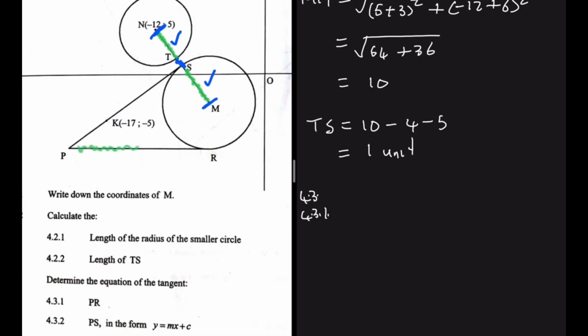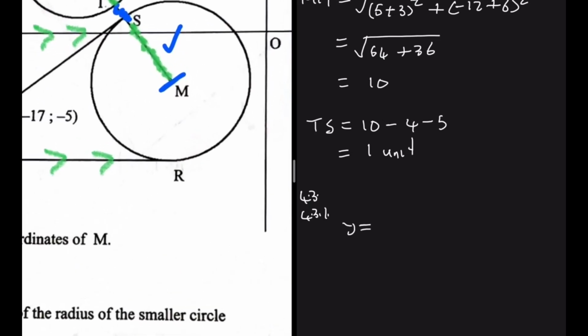Yeah, we are told in our question statement that PR is parallel to the x-axis. So our gradient is 0 on PR, right? So we just need to find the y value. Then y will just be equal to that constant. Right, so let me show you how we're going to do that.